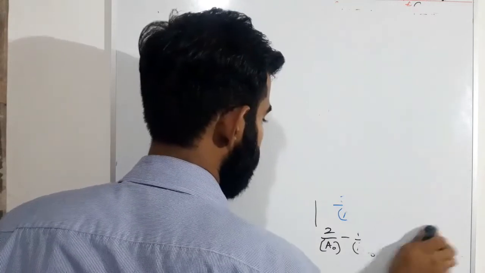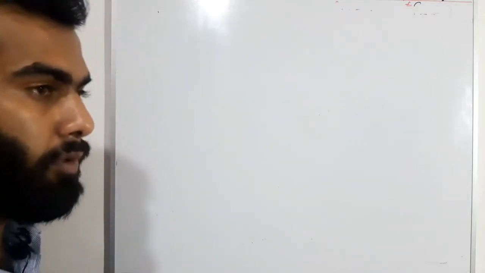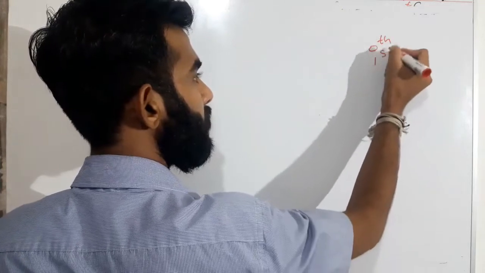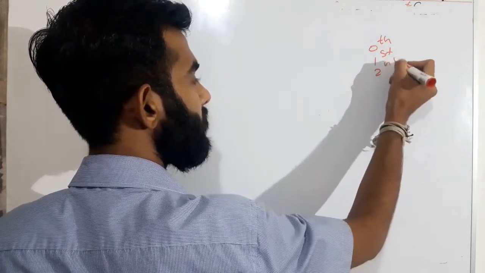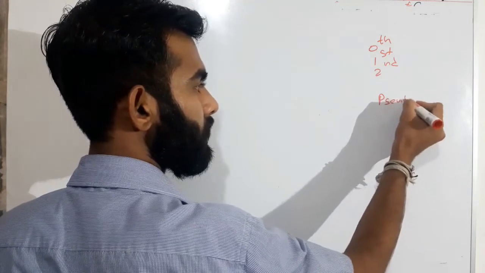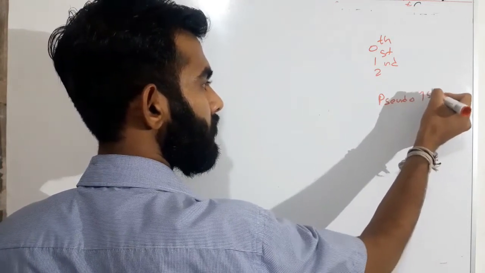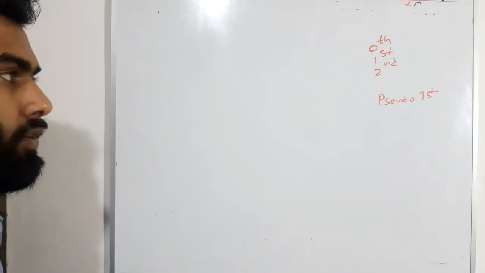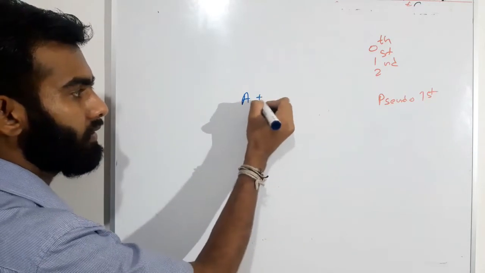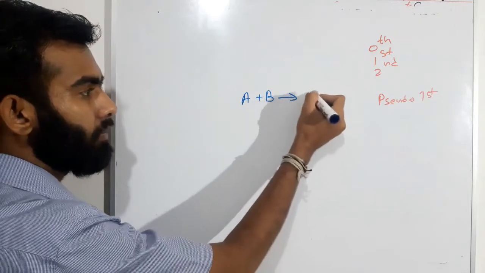Okay. In brief, I will explain what a pseudo first order reaction is. We talked about zeroth order, first order, second order. What is pseudo first order? There are two reactants, A plus B will produce products.